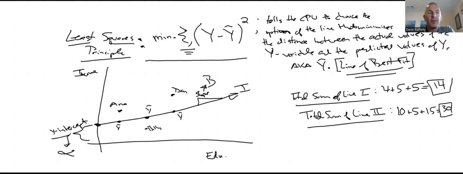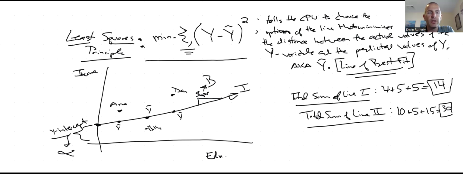Once we have information on Anna, Billy, and Dan, now we can run a computer program called linear regression, right? It's in Microsoft Excel, and it's in Google Sheets. You can run a regression. When you run a linear regression, you are doing something called the least squares principle.